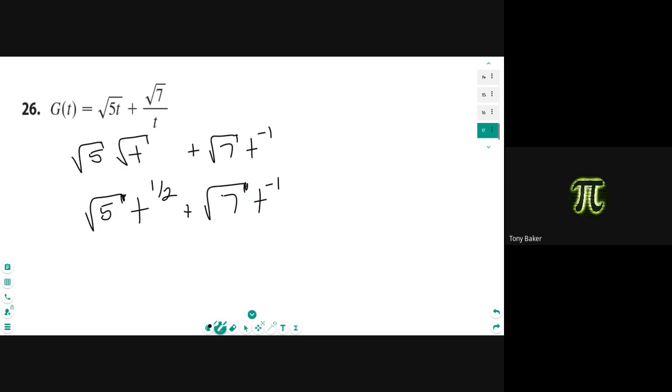Now we do our derivative. But remember, our derivative is only on the variables. The constants are just staying there. So this is the square root of 5 times 1/2 t to the -1/2. This is the square root of 7 times -1 t to the -2nd power.